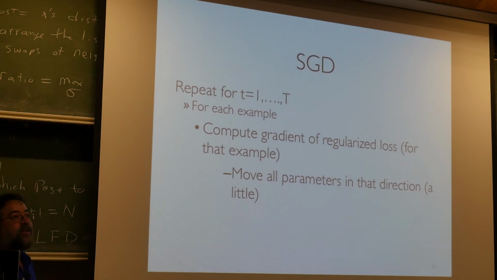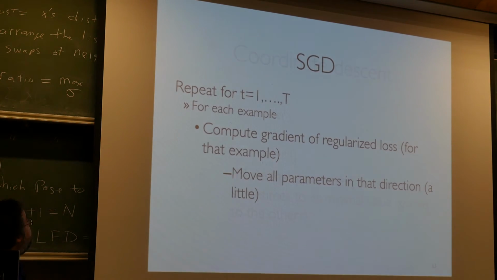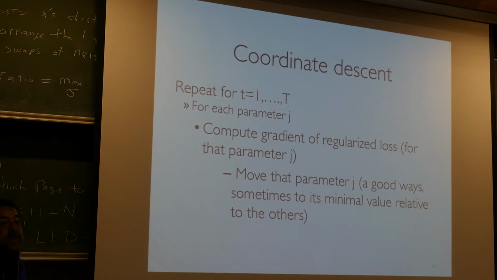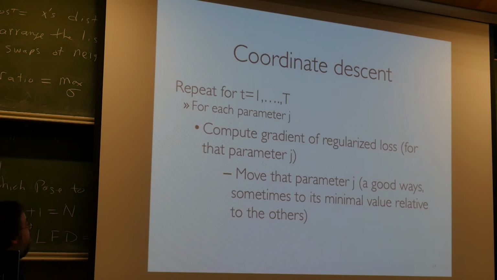There's another optimization technique which I haven't really talked about, called coordinate descent. Here the idea is the following. Again, I'm going to go through several epochs, but in each epoch, I'm not going to look at things example by example, but coordinate by coordinate, or feature by feature. I'll compute the gradient of the regularized loss for that feature, assuming everything else is fixed.